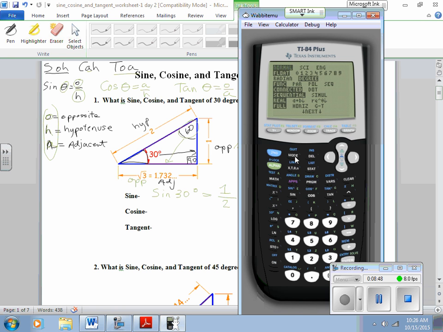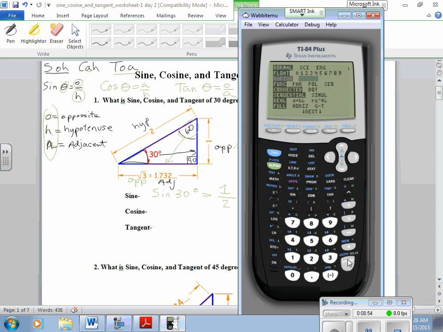If you have radians highlighted, it'll look like this. We don't want radians highlighted. We want degrees highlighted. Okay? So you scroll over to degrees and then hit enter, and now radians should be unmarked.